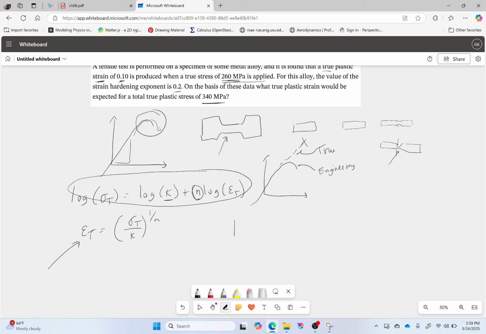So we have the log of 260 megapascals is equal to log of K, which we don't know yet, plus 0.2 times log of 0.1. That looks good so far.